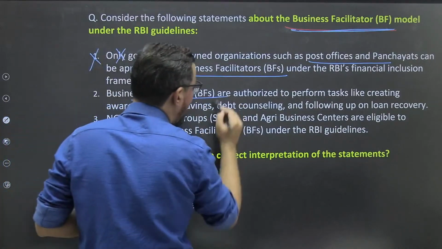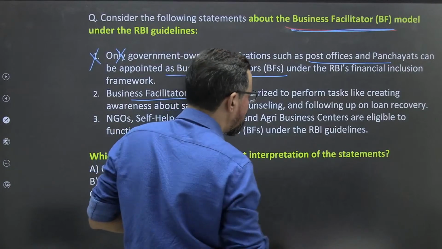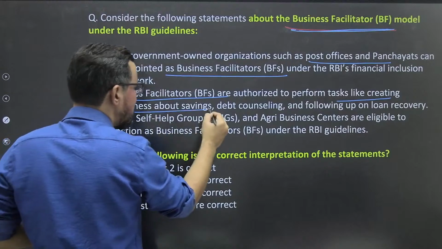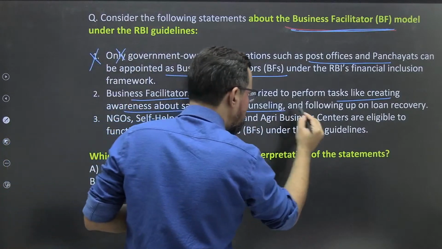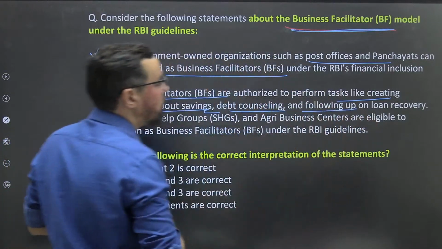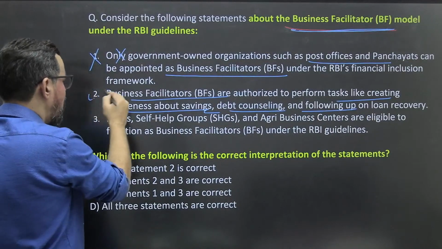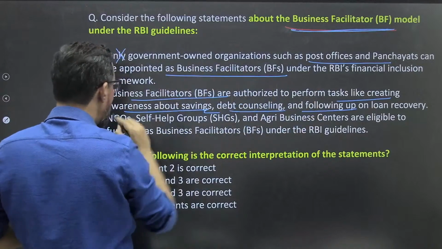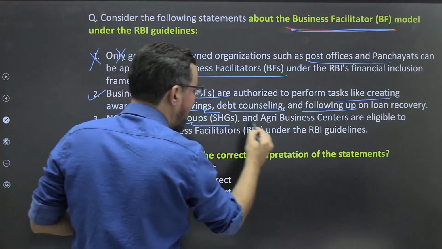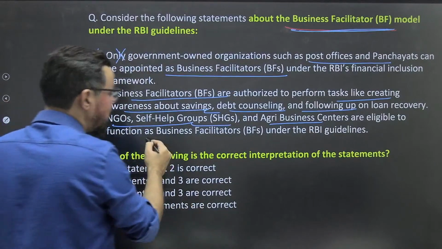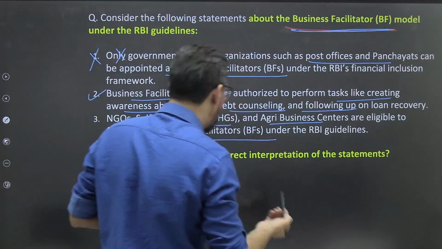Business facilitators are authorized to perform creating awareness about savings, debt counseling, and following up on loan recovery. This is 100% true. So they are allowed to do these many activities. NGOs, self-help groups, and agri-business centers are eligible to function as business facilitator under RBI guidelines.